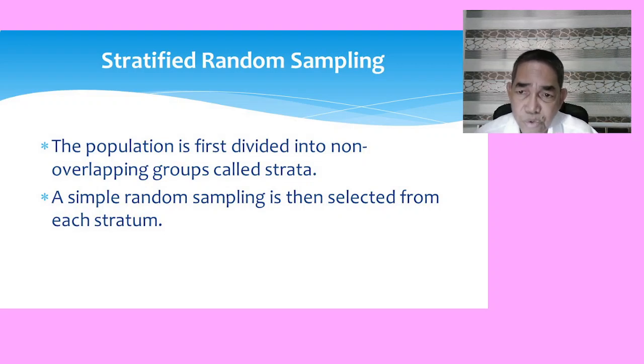I need to do a stratified random sampling where I stratify the population into homogeneous groups. So the population is first divided into non-overlapping groups called strata, and each stratum becomes homogeneous, and then a simple random sampling is selected from each stratum. A simple random sampling or even a systematic sampling will then be used from each stratum. Let me give you an example of a stratified random sampling.